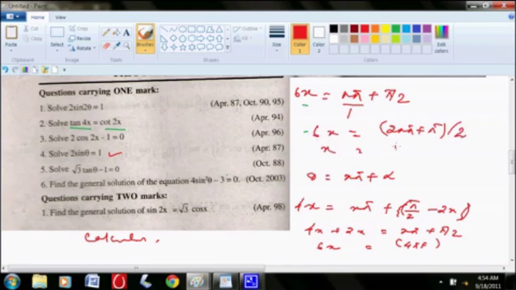So x is 2n pi plus pi divided by 2, divided by 6. This 2 and 6 will come together and finally become 2n pi plus pi divided by 12.